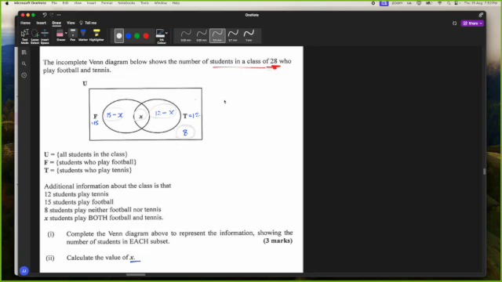Now you can easily see, I don't even have to go 28 because I could see that, well, 8 students on the outside. That means that these guys on the inside will add up to 20. So I could have done everybody equals 28, but I will just do these 3 here equals 20.